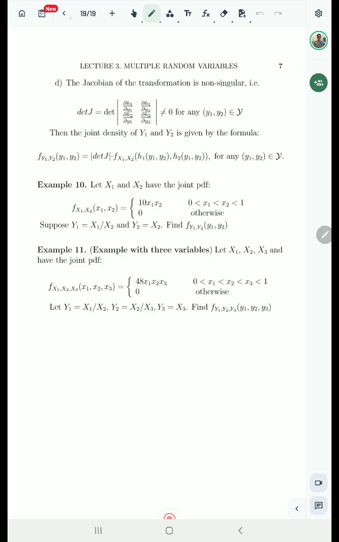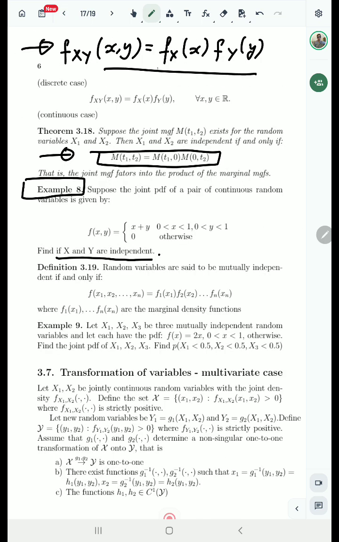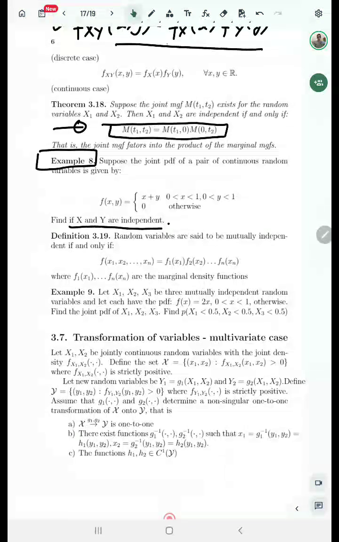Okay, here we have to go back to transformation of random variables. So the same idea. I missed one question here, example 9. We have mutually independent random variables. Pay attention to that fact. If you have independence, then the joint PDF can be shown as the product of the marginal PDFs, and that makes our lives easier.